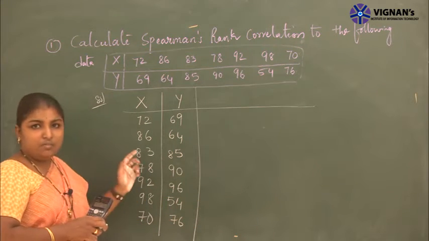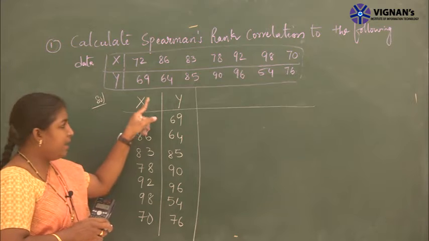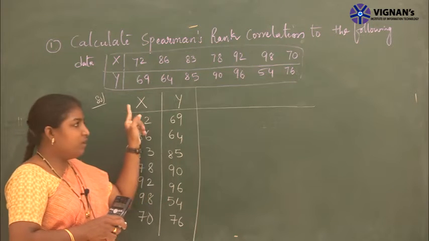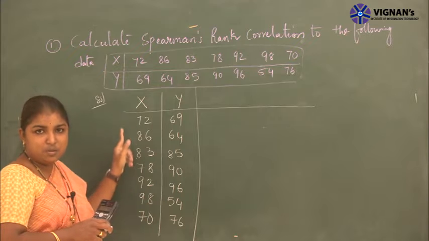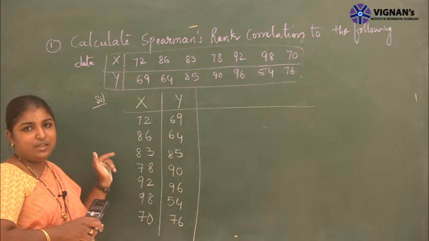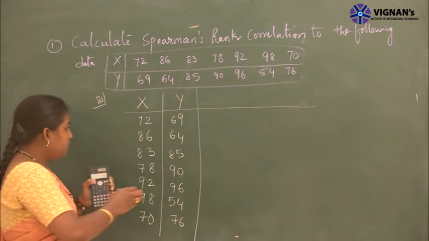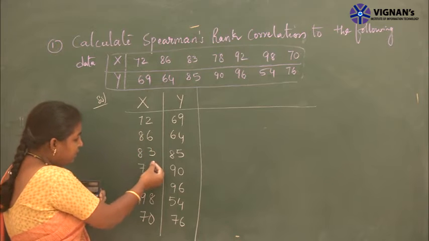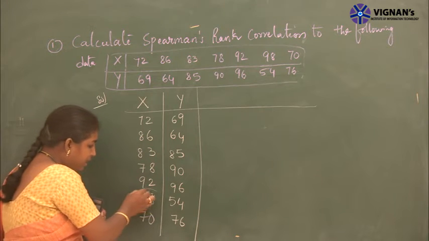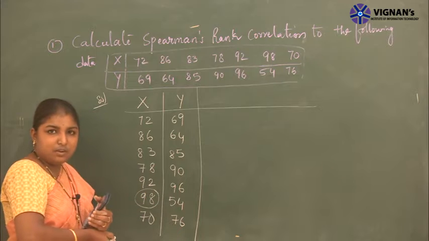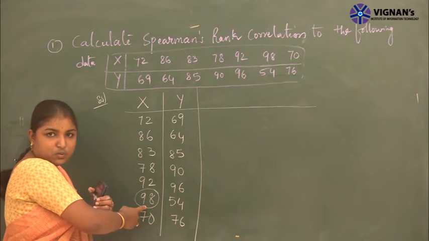Now we give the ranks of x and ranks of y. When ranking the x values, we select the maximum value and give it rank 1. Here 98 is the maximum value, so we give it rank 1.